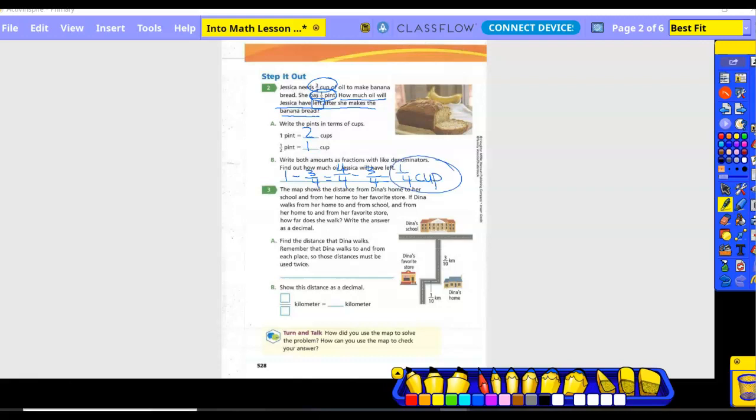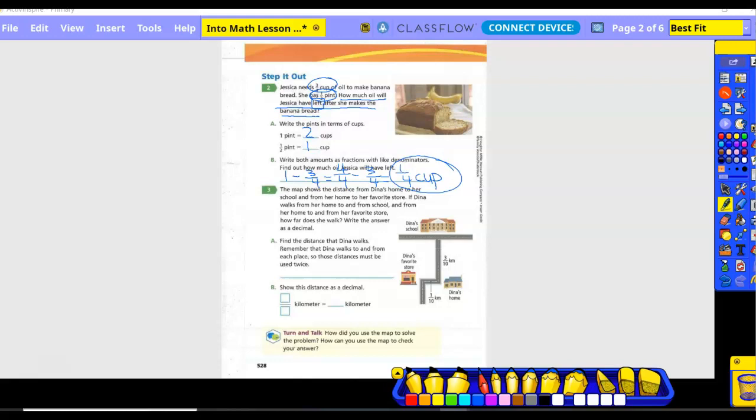Number 3. The map shows the distance from Dinah's house to her school and from her school to her favorite store. If Dinah walks from her home to and from school and from her home to and from her favorite store, how far does she walk? Write the answer as a decimal. Did they give us our measurements in decimals? No, they gave it to us in fractions. Okay, so on letter A, they want us to find the distance that Dinah walks.